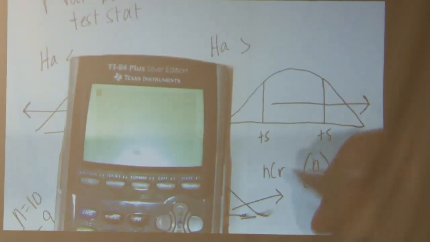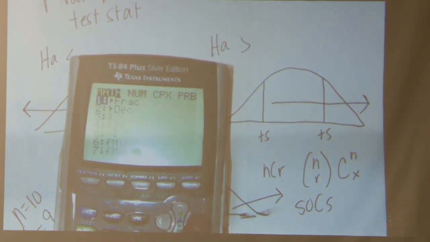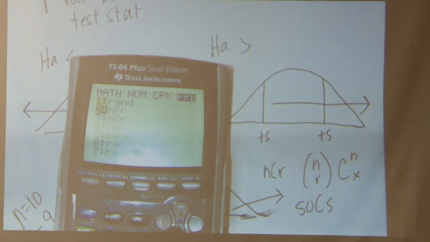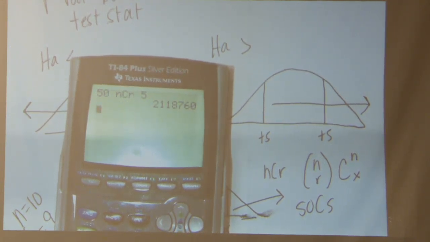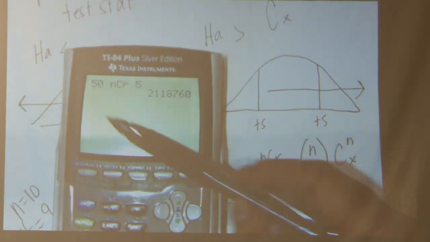So let's think that we were doing 50 choosing 5. We would first type in the 50. We go to math, over to probability, down to nCr, and hit 5. And that would give you your combinations. So when you guys are using the binomial formula, and the first thing is nCx with n and x for your combinations, that's going to be the first aspect of it.